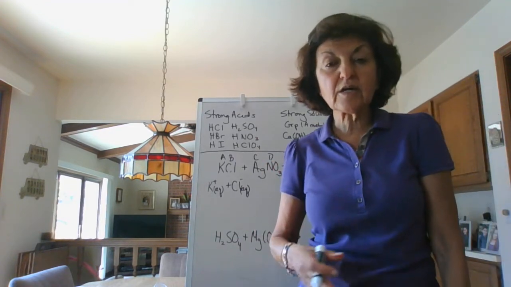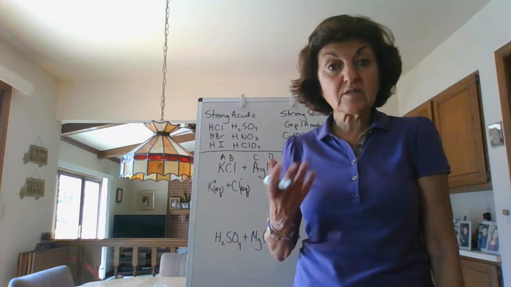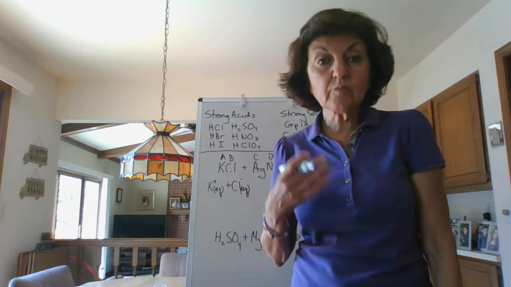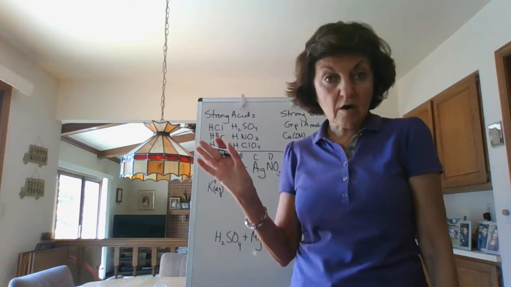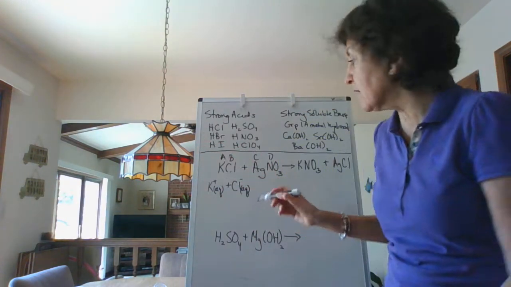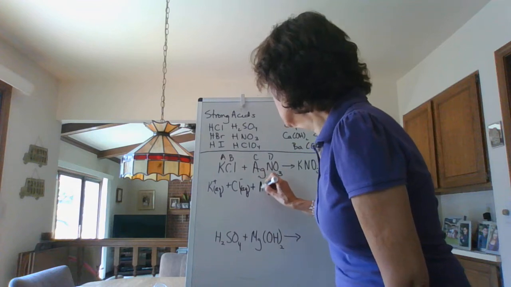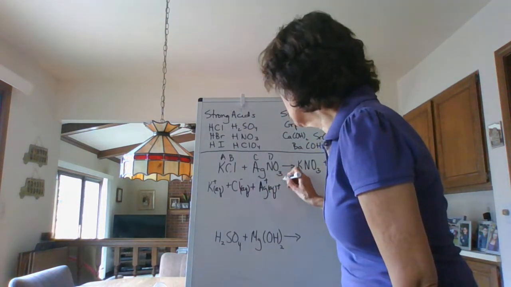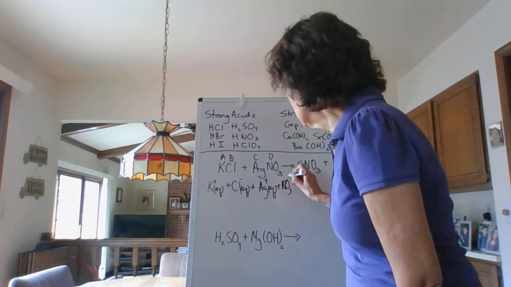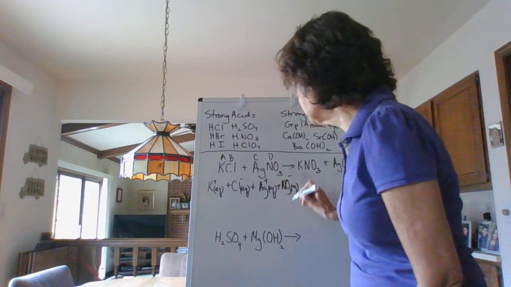All right, now silver nitrate. Is silver nitrate a strong electrolyte? Well, it's a salt. Is it a soluble ionic salt? Yes, because all nitrates, remember, are soluble. So we're going to break this guy apart too. So Ag plus aqueous plus NO3 minus aqueous.